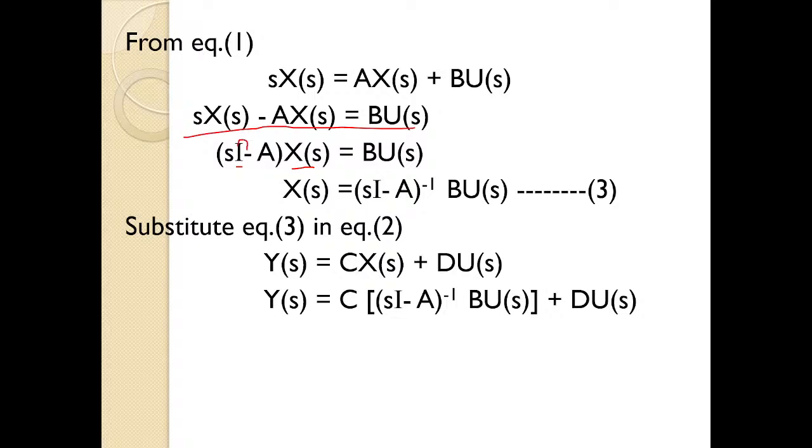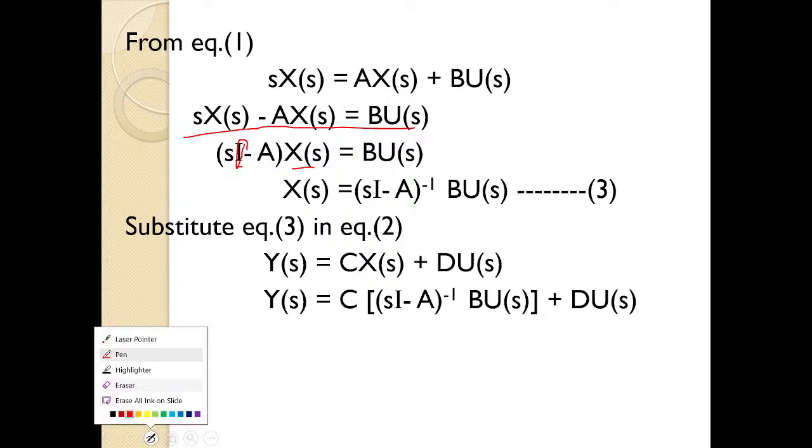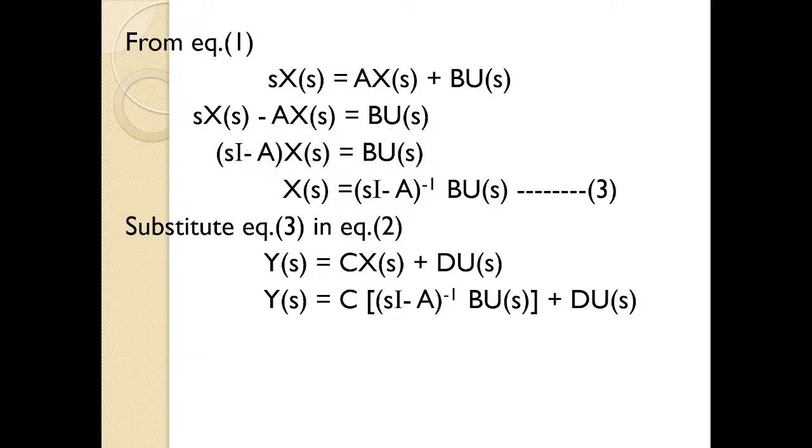So I am writing here identity matrix I, or we can say unit matrix, which has ones only in the diagonal, isn't it? I hope you know that. Okay, so (sI - A), where I is the unit matrix, times X(s) equals BU(s).